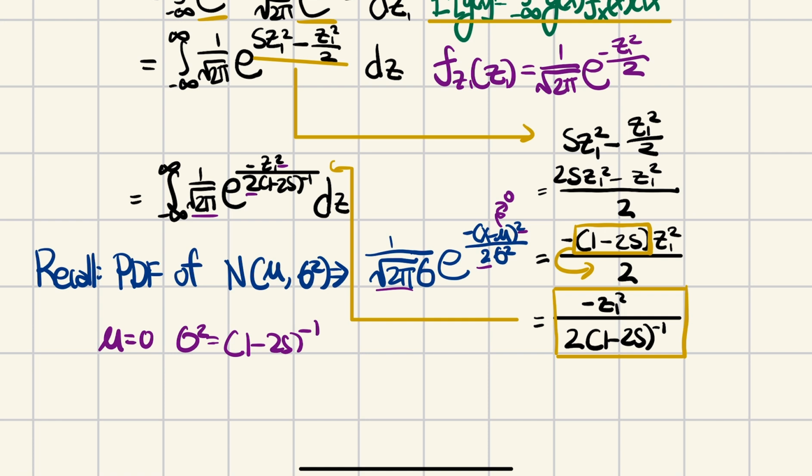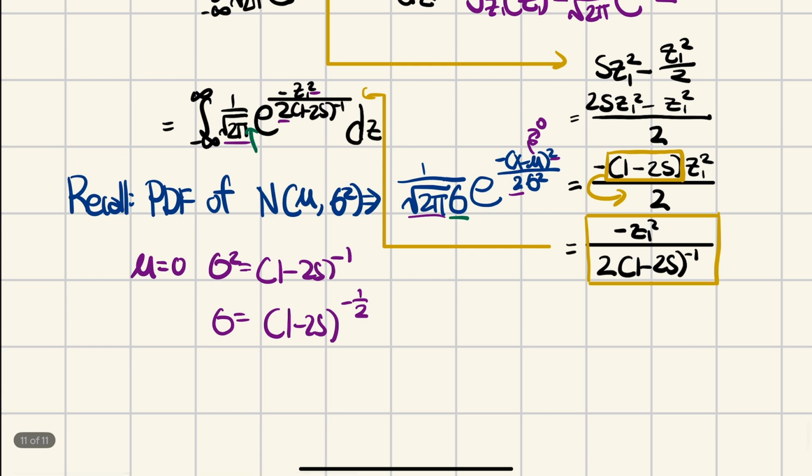So now we're missing something over here. It's missing a sigma. And we know that sigma is 1 minus 2s to the negative half. So it's basically the root of sigma squared.